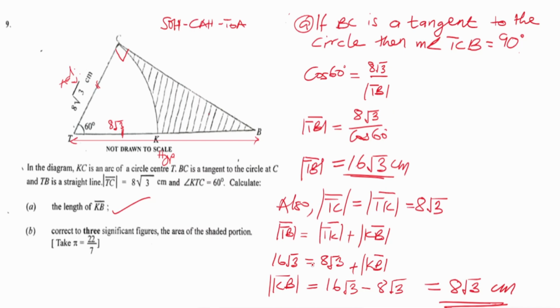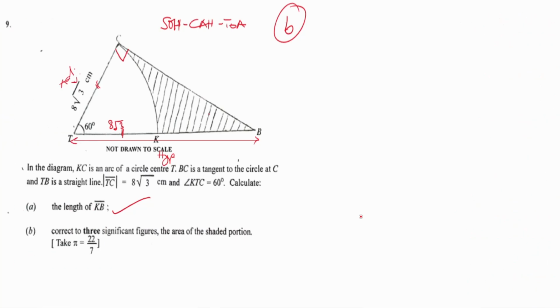Now let's go to B. B asks us to find the area of the shaded portion, correct to 3 significant figures. We'll first start by finding the area of the bigger triangle, which is triangle TCB. Then we find the area of the sector TCK, and we subtract that from the area of triangle TCB.